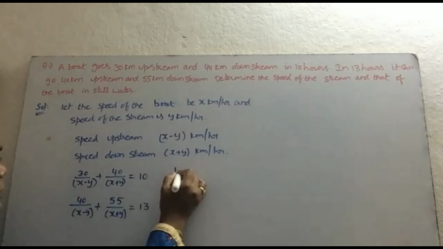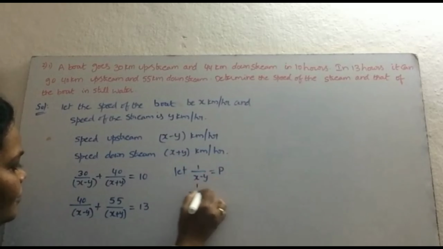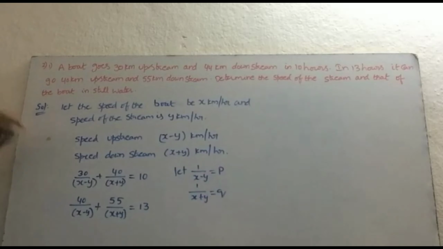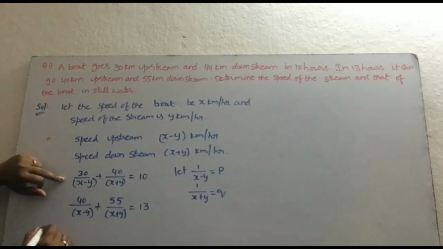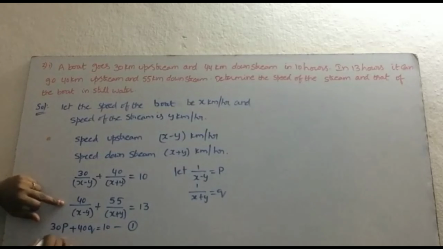So now let 1 by x minus y is equal to p and 1 by x plus y is equal to q. So this equation becomes 30p plus 44q equal to 10. So this is the first equation, and this equation becomes 40p plus 55q equal to 13. So this is the second equation.